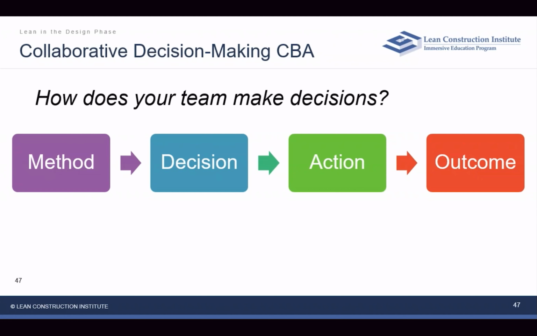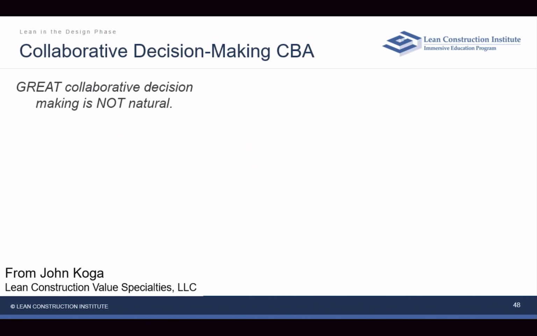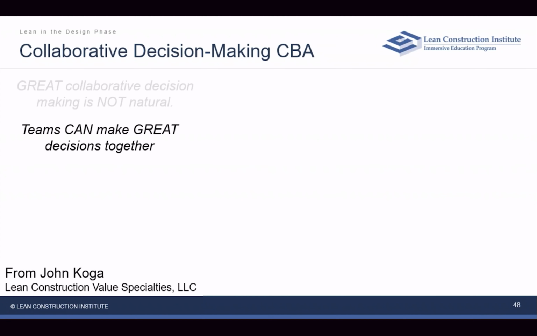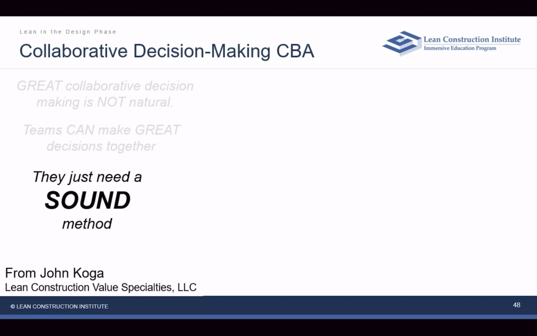This is interesting because we often don't think about the method. We just dive into the decision making. So let's take a step back, slow down, and think. Great collaborative decision making is not natural, but teams can make great decisions together. So we need sound methods.